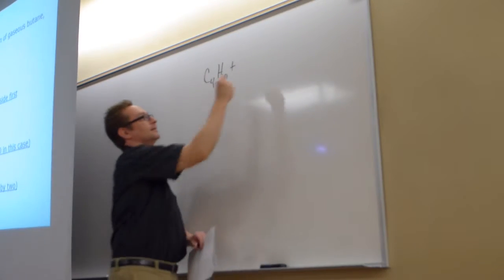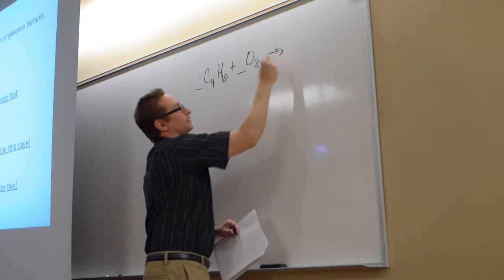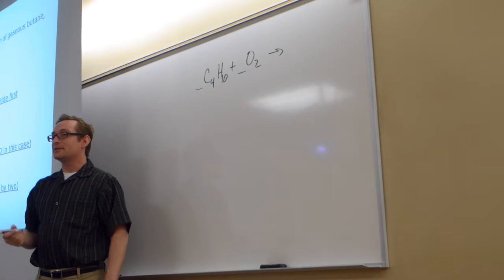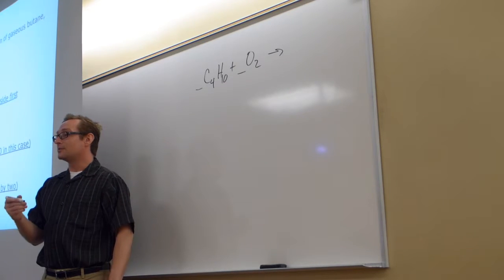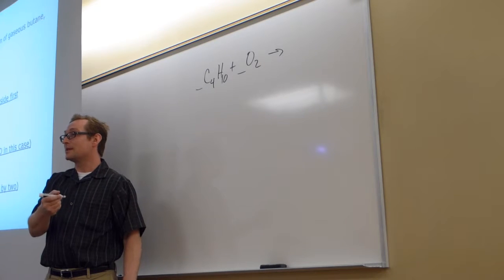Plus oxygen. How do I know it's plus oxygen? It says the word combustion. Anytime you hear combustion, that should ring a bell to say, okay, we're burning something in oxygen, and the product will be CO2 and water if we are burning a hydrocarbon, which most of the time is the case.